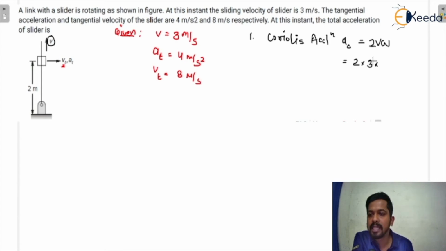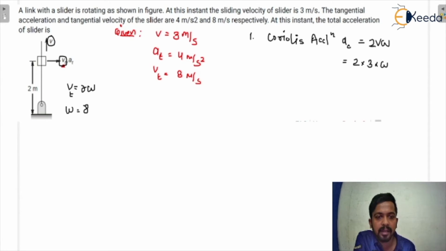Now how can we calculate the angular velocity of the link? See here, tangential velocity is given, and we all know that v tangential is equal to r into omega. And r is given, Vt is given, that means we can calculate omega, that is 8 upon r, which is 2 meter, that is 4 radian per second.